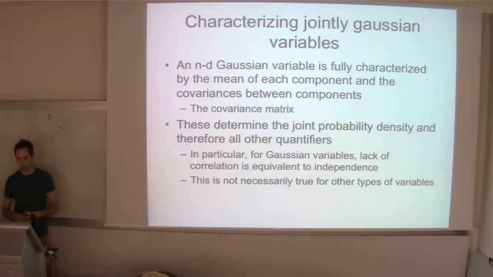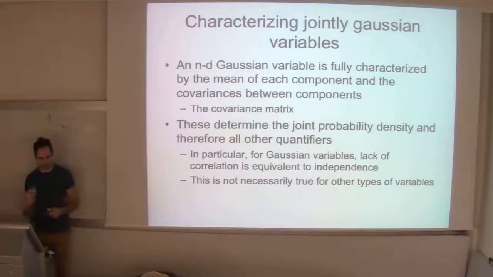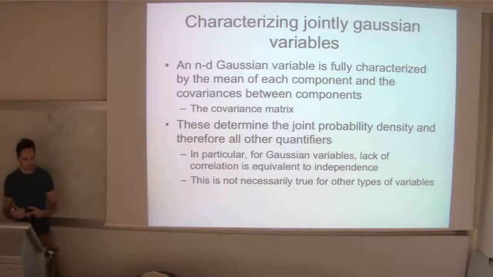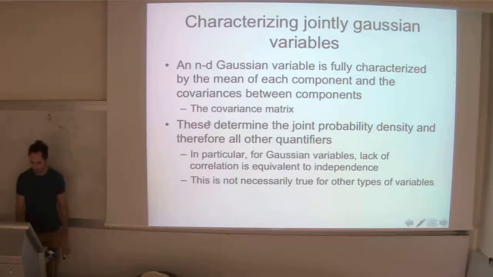So this covariance matrix holds the information about the variances of each of the points, the joint distribution of different points, and also the relationship between them. And this determines the joint probability density and therefore all other quantifiers.